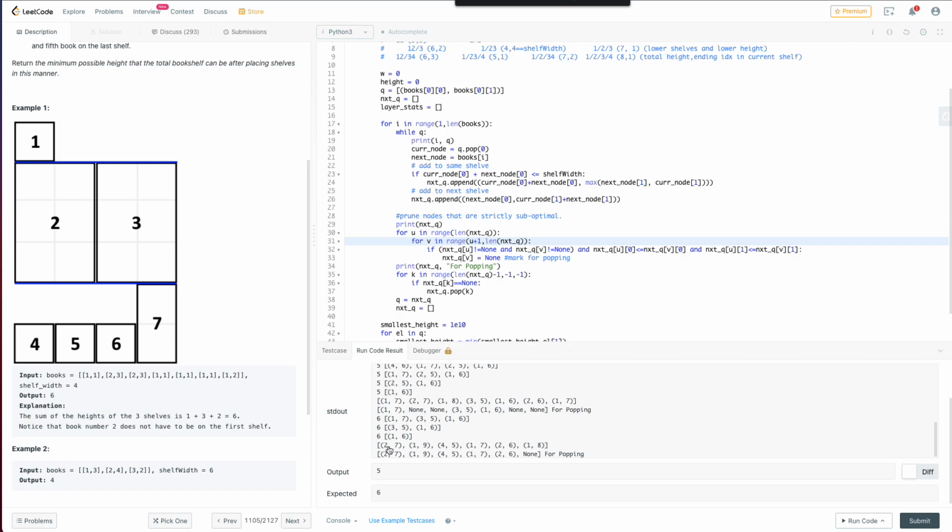And so 3, 5 is what we want actually. And so 4, 6, yeah.